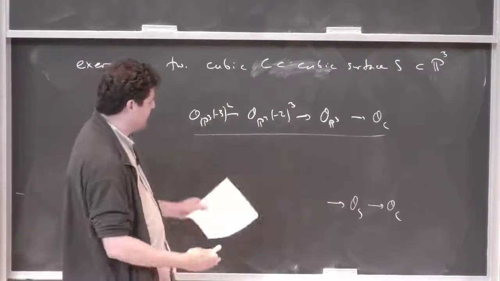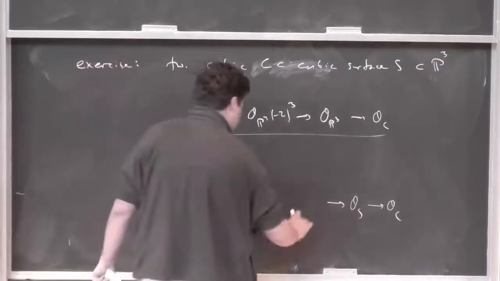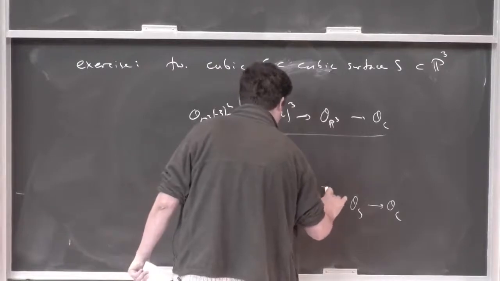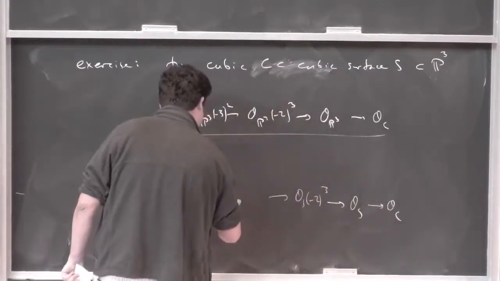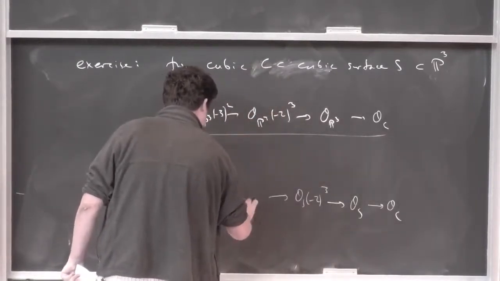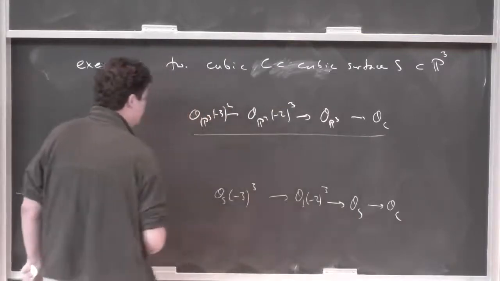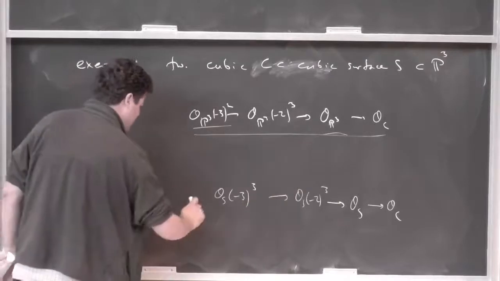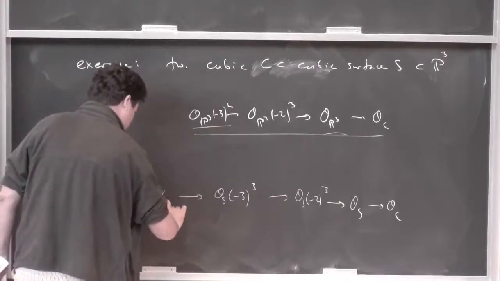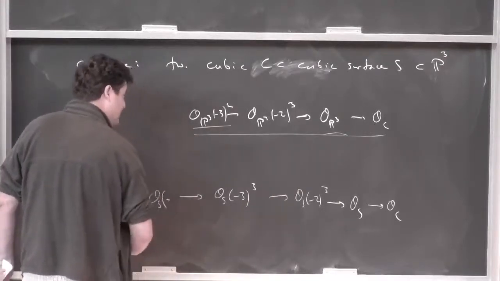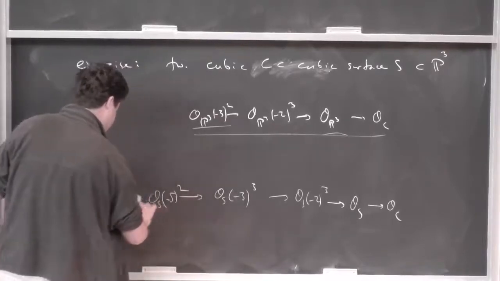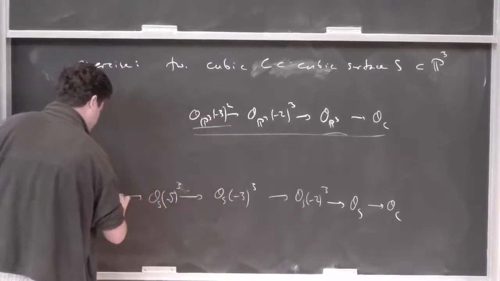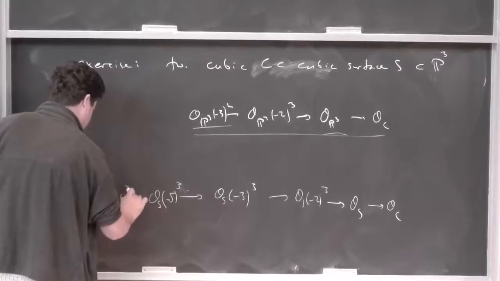The minimal resolution on S of the curve will look like this: OS of minus 2 cubed from OS of minus 3 cubed, right? Because it'll be these two plus this one minus 3, from OS of minus 5 squared, cubed, OS of minus 6 cubed.